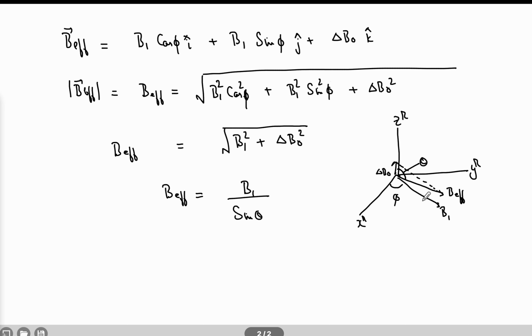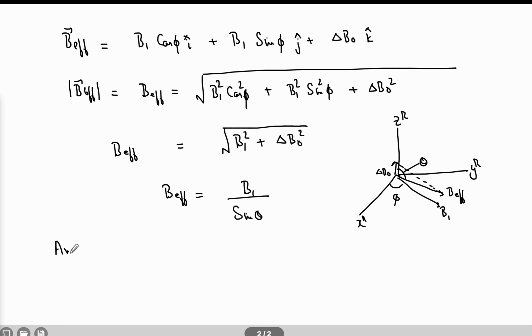Okay, now this angle theta can also be calculated. We'll see why this angle is important, because we need to know the orientation of B effective very precisely.